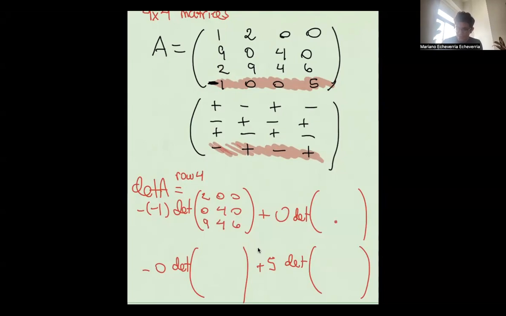Obviously it doesn't matter too much what goes in here because it's going to be multiplied by 0. So you didn't have to write this. I'm just writing it to show you how you identify the numbers. So in this case, now I delete the second column, fourth row. So you get 1, 0, 0, 9, 4, 0, right? And 2, 4, 6. And again, when you copy the numbers, it is easy to copy the wrong number because you're copying so many numbers.